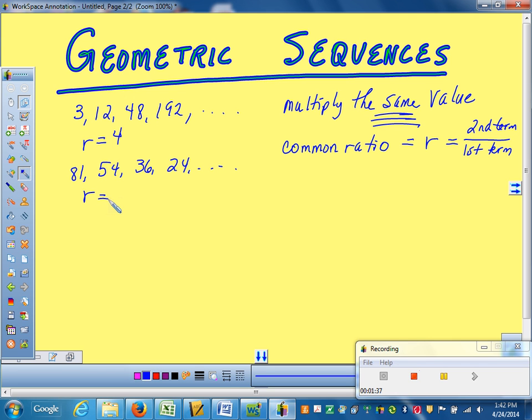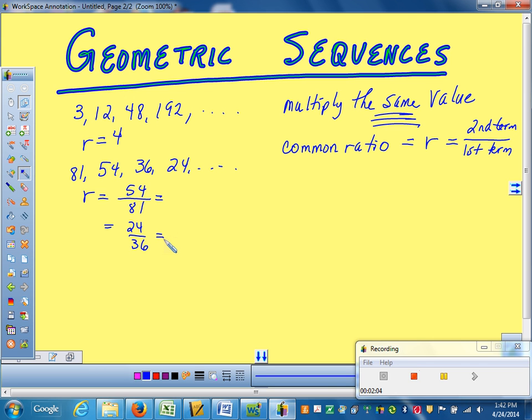You can actually do any term in the list, but it's the one farther down divided by the one that is closer. So you could do 54 over 81, or somebody got it quicker because they said, "Well, I just did 24 over 36." As long as it's the one farther down the list over the one closer.